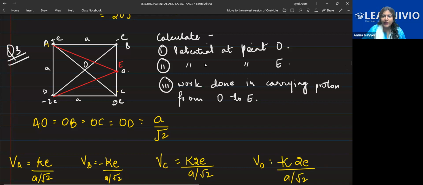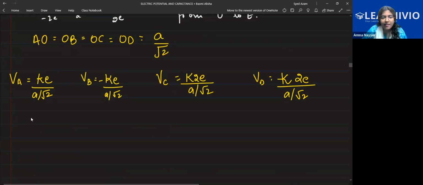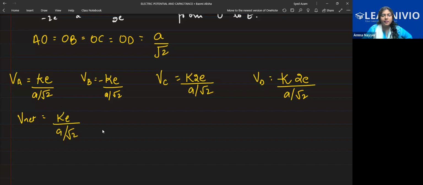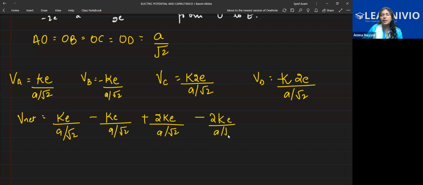Absolutely correct. Now see, when we have the net potential here, we don't have to see the direction, nothing we have to check. We can simply add it, subtract it. That's our superposition principle for potential. So look here. This will be KE by A by root 2 minus KE by A by root 2 plus 2KE by A by root 2 minus 2KE by A by root 2.